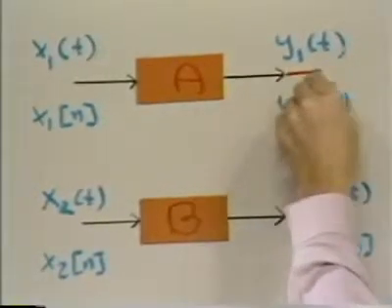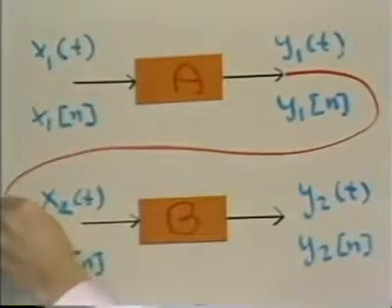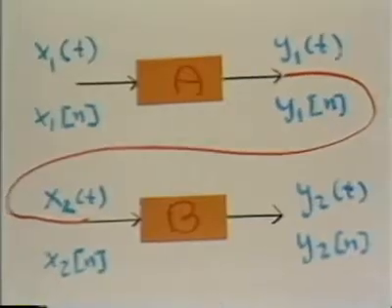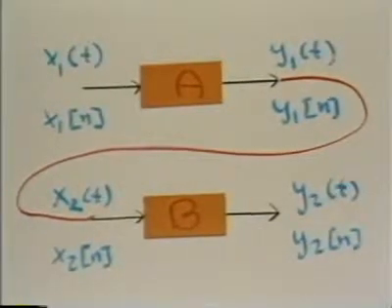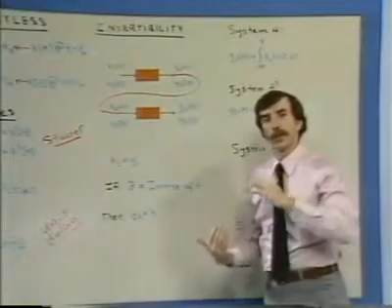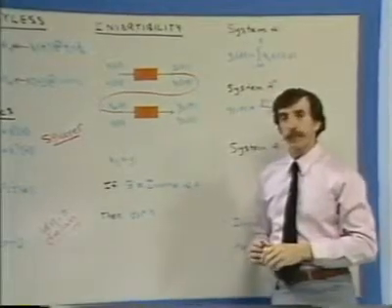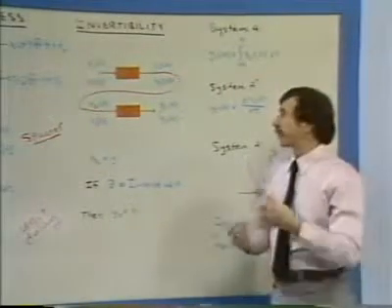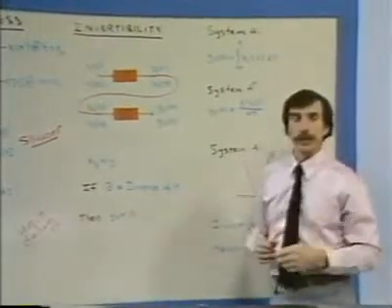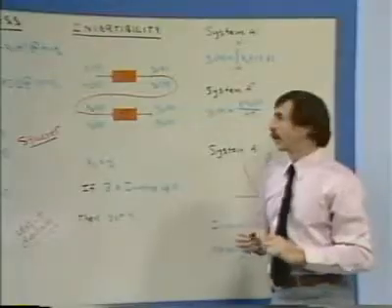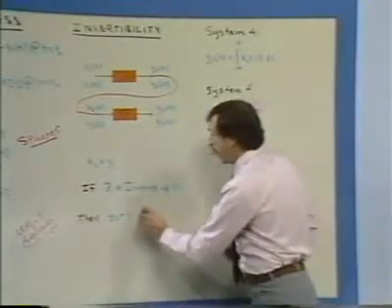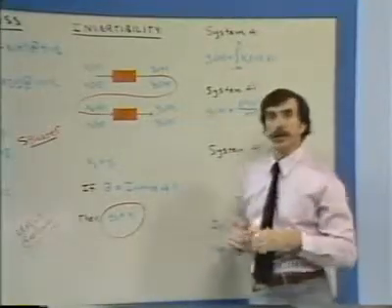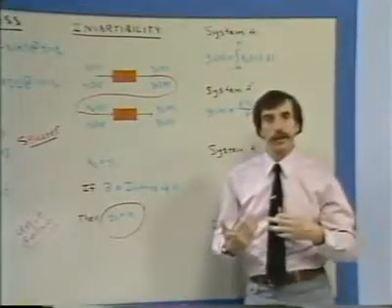So we'll take the output of system A and feed it into the input of system B. So the output of system A goes into the input of system B. And if system A is invertible and system B is its inverse, then the consequence is that the output of system B is equal to the input of system A.